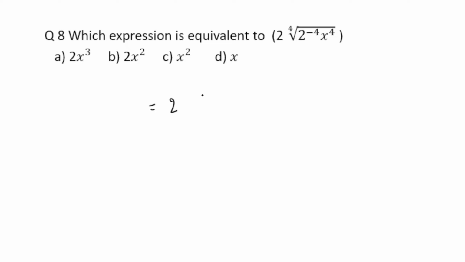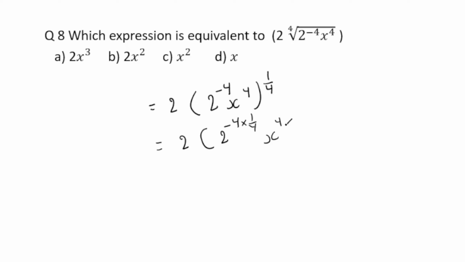That means 2 to the power minus 4, x to the power 4, to the power 1/4. Now we have to use the power of exponent property. That means powers are multiplied. 2 to the power minus 4 multiplied by 1 over 4, x to the power 4 multiplied by 1 over 4.